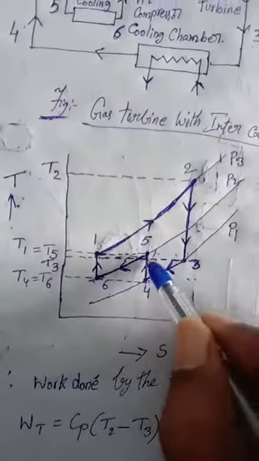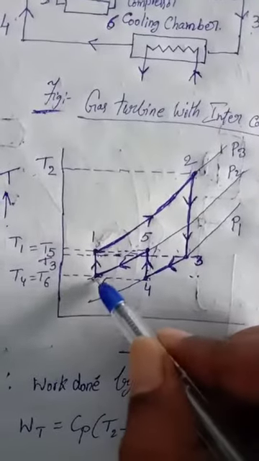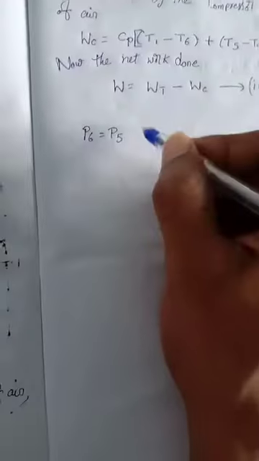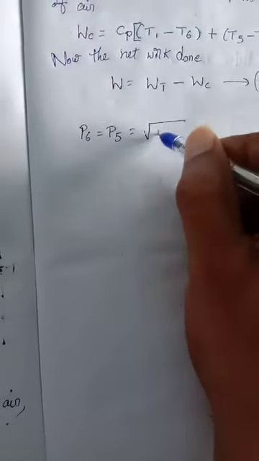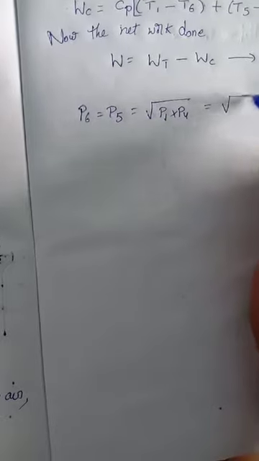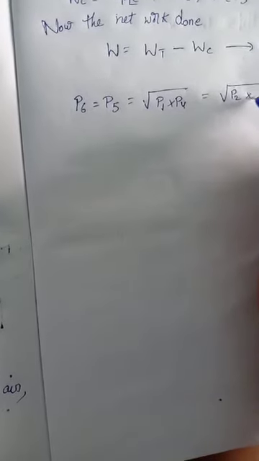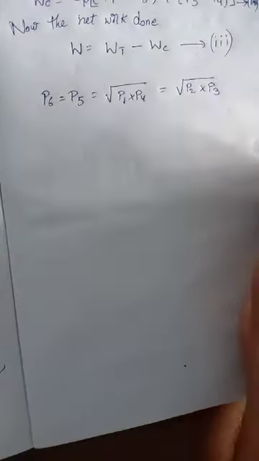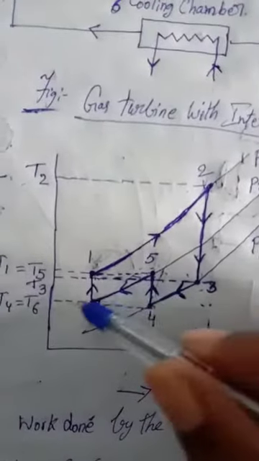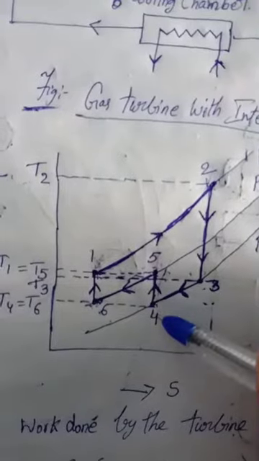Here we know very well this is constant pressure, P6 is equal to P5, and that is equal to root of P1 into P4. That is equal to root of P2 into P3. Here 2 to 3 and this is equal, so we can take 1 to 4 directly.